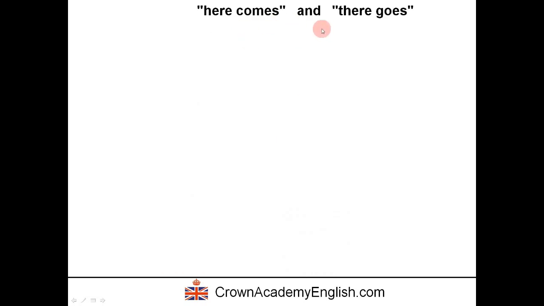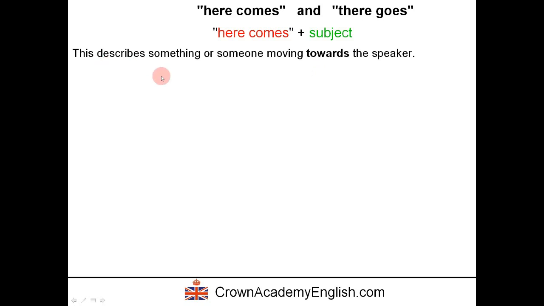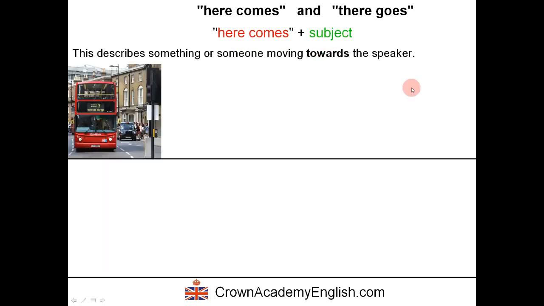Here comes and there goes. So these are very common expressions with here and there. So here comes, followed by a subject. This describes something or someone moving towards the speaker. So it's coming towards the speaker. Here comes something or someone.